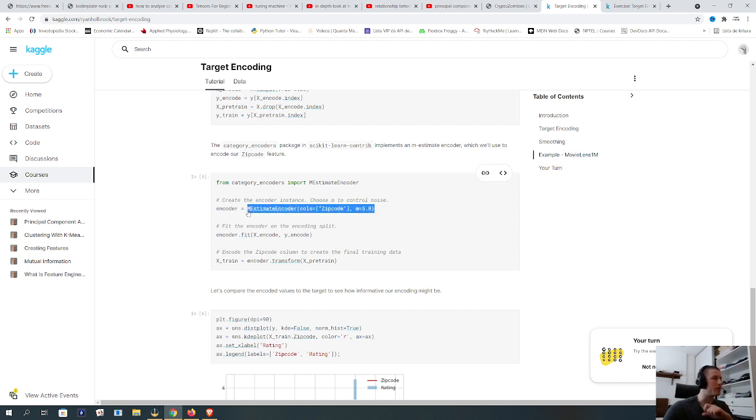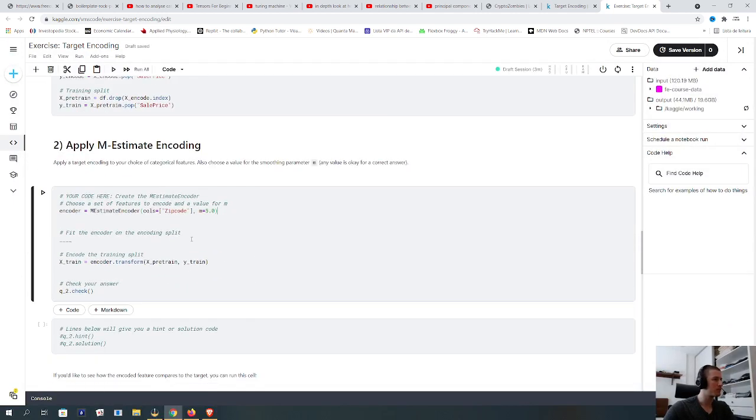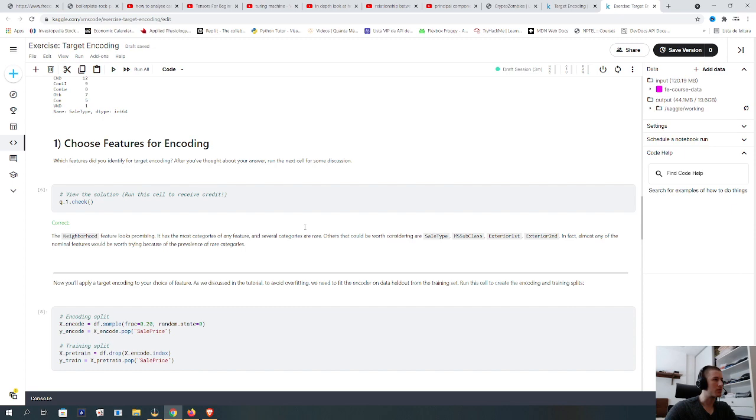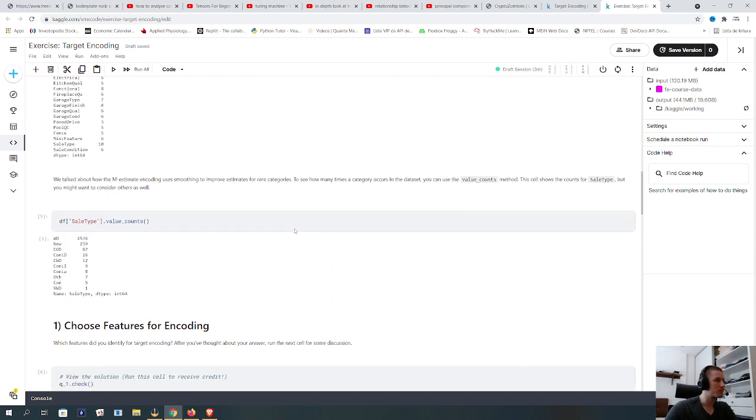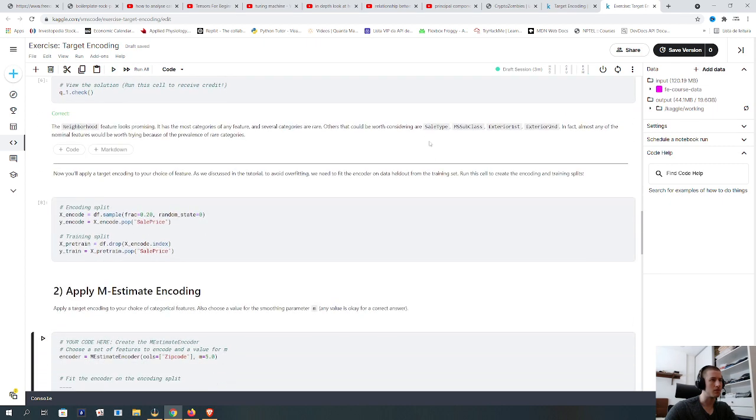Yeah, so it's going to be this thing here. And the columns are going to be the ones that they say here.